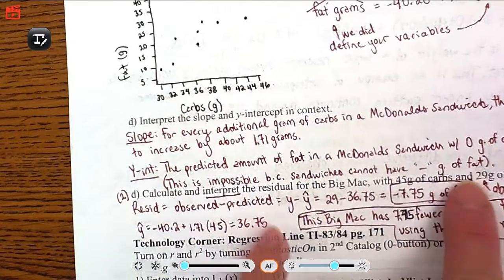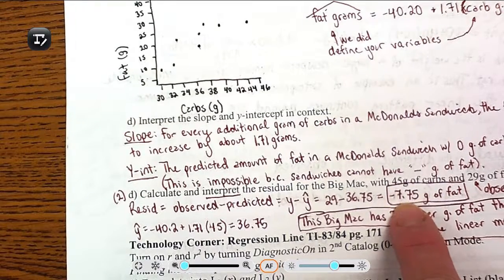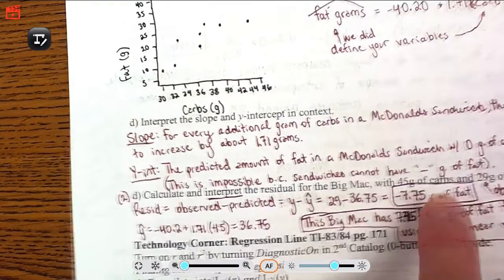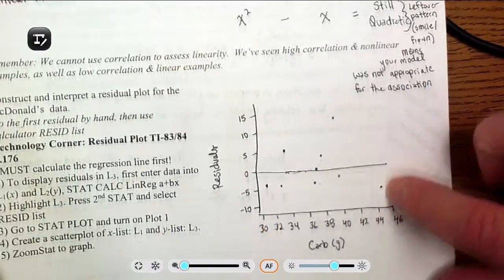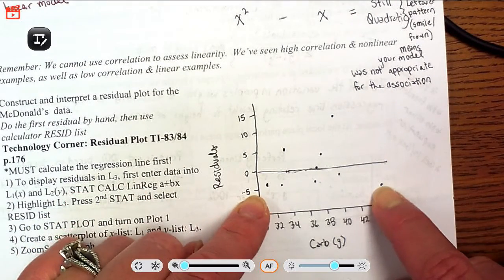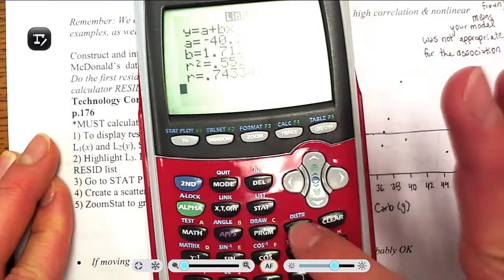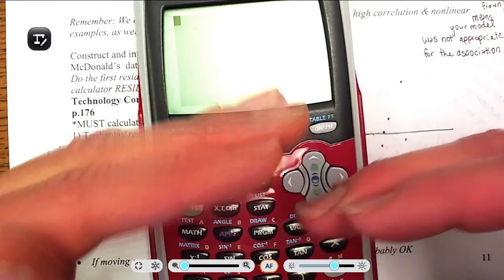So that one right there, the 45 grams of carbs sandwich, had a negative 7.75 grams of fat residual. If we plugged in and found each residual, that would take a little while. Sure enough, our calculators are pretty smooth, and they do something in the background.